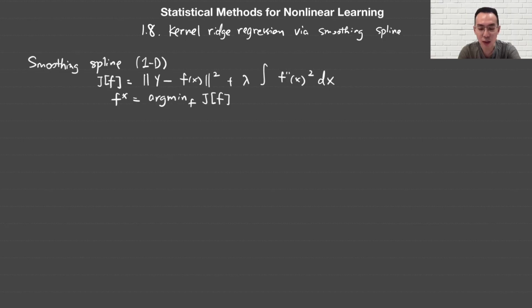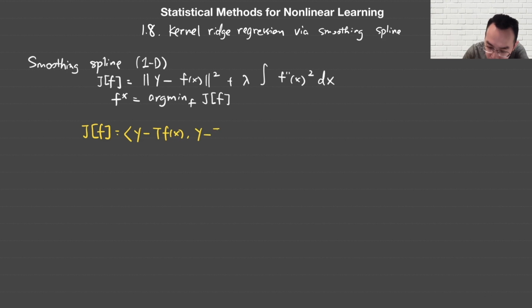Now I'm just going to write this functional in a little different form to match with the inner product of our L2 space. Okay, so here we'll have J, the functional of f, equals y minus T operating on f, norm squared. So the first norm will be a finite norm, plus lambda.